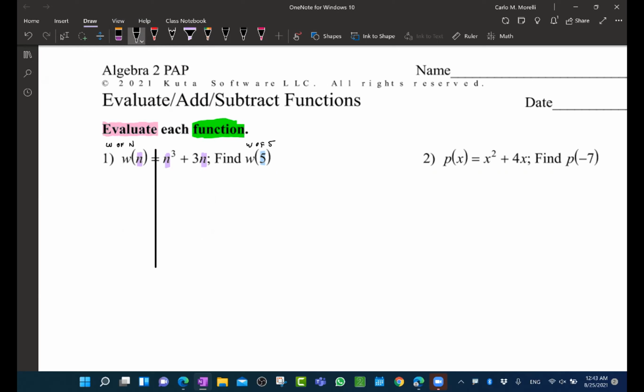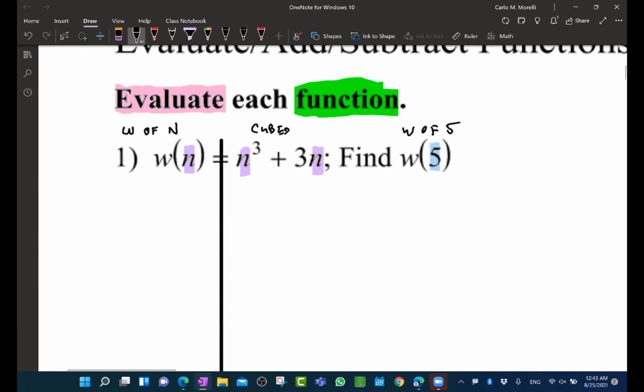Okay, so W of n equals n raised to the power 3. This is n cubed, plus 3n. Just a little nomenclature. Nomenclature means like the names of things. So let's really zoom in on this and do the work.